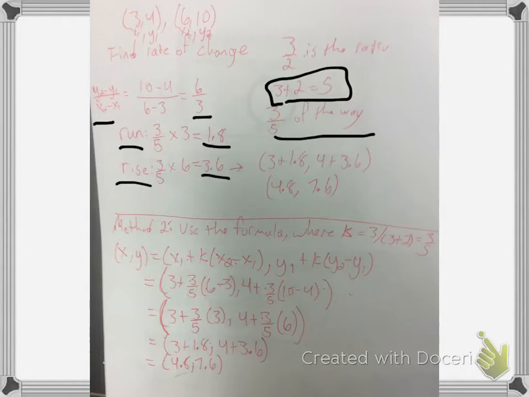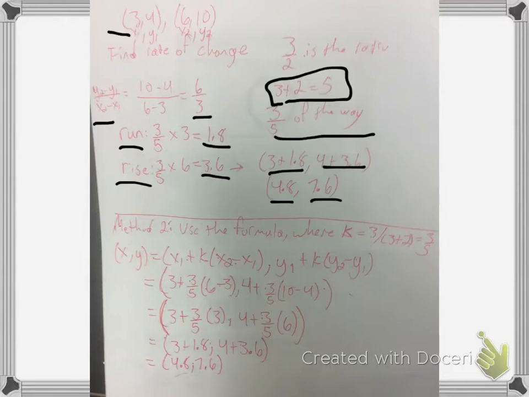And then all you got to do is add that to your original x and y, which our original x and y up here was 3, 4. We get 3 plus 1.8 is 4.8, and 4 plus 3.6 is 7.6. That's where my point is. It is 3/5 away from 3, 4.